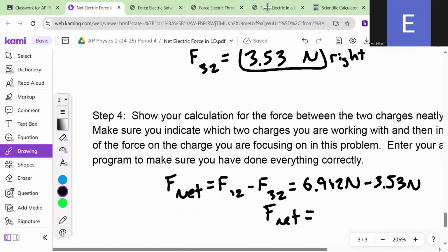And since it's directed in the direction of F12, the direction of the net force will be to the left. So go ahead and subtract those. Subtract yours, I'll subtract mine. I'm getting about 3.38 newtons to the left.